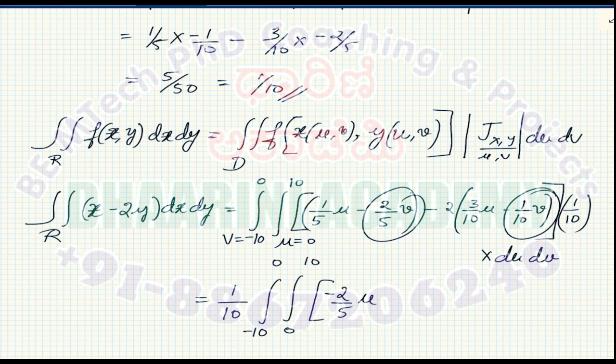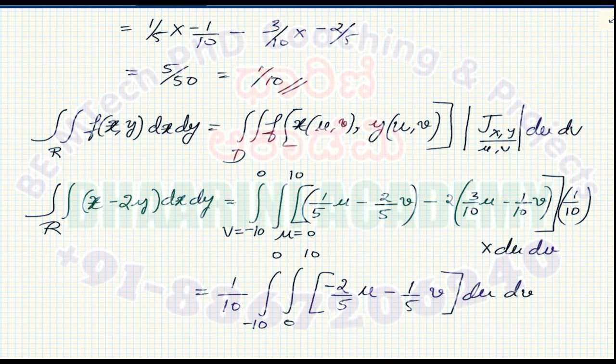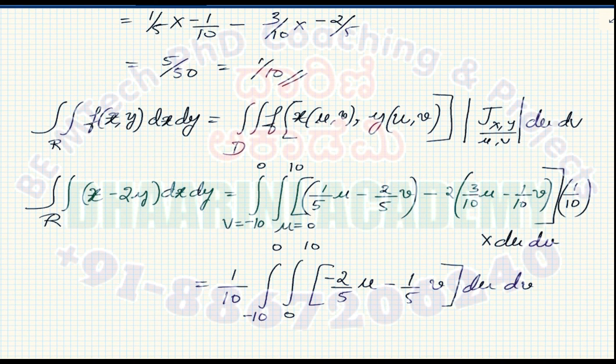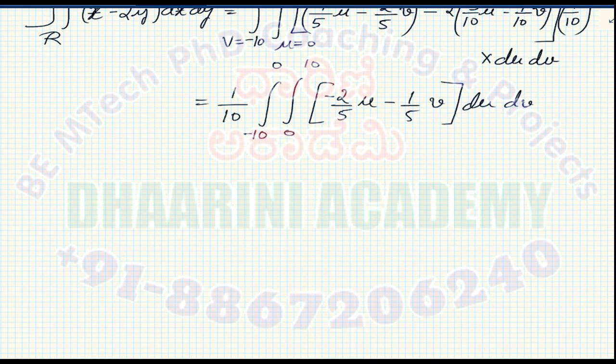So it's a 1 by 5. So this is minus 1 by 5 v du dv. So it's a simplified format now. I'm supposed to integrate this one variable at a time. So first let me do the integration with respect to the inner variable.